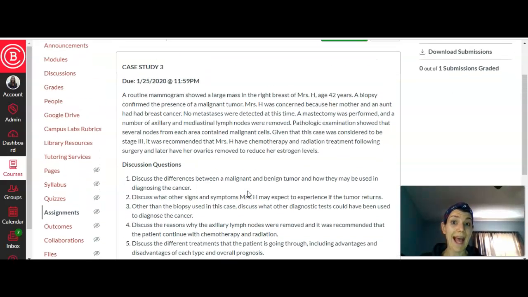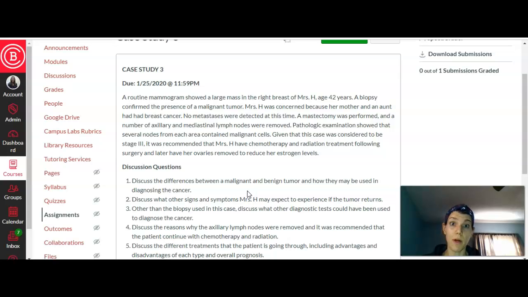Same format as before. I have read through your previous case studies and I leave lots and lots of comments. One thing I do want to take a moment and say is I've gotten several emails from students asking, what have I done wrong? Why haven't I gotten the full points? When you go into your grades, you can download the submission comments. I comment quite a bit on the side.